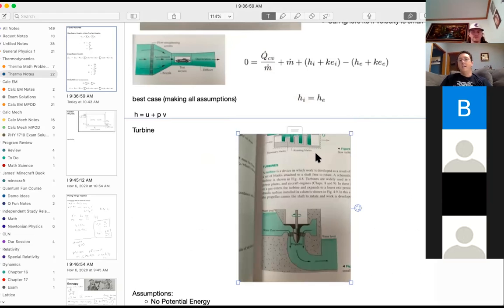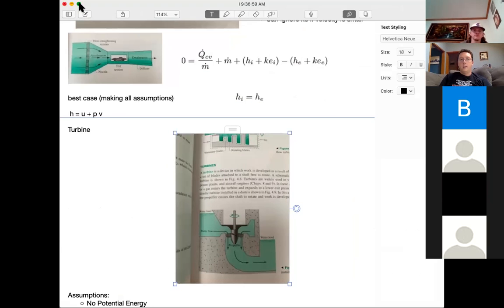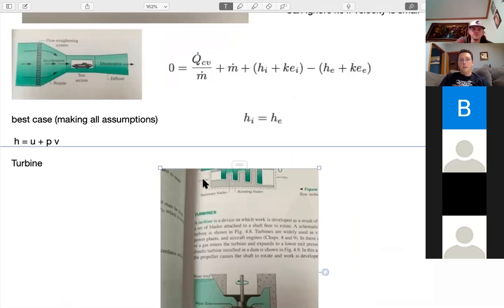Yeah. All right, so up here, what this is supposed to be is you have a line going in, and you have these fan blades, they're spinning, and then the fluid flows through.